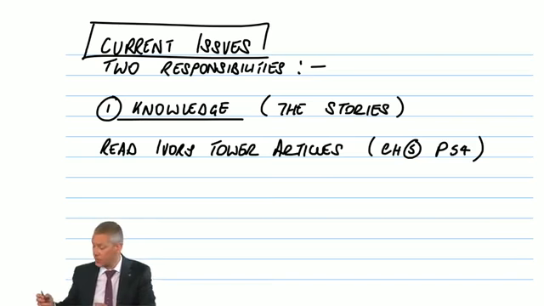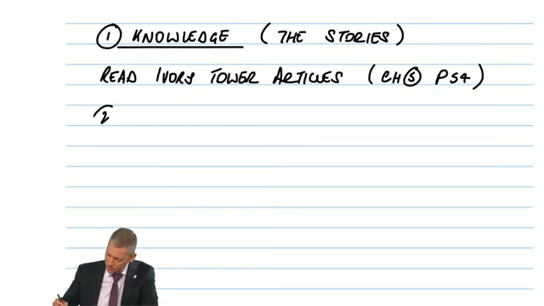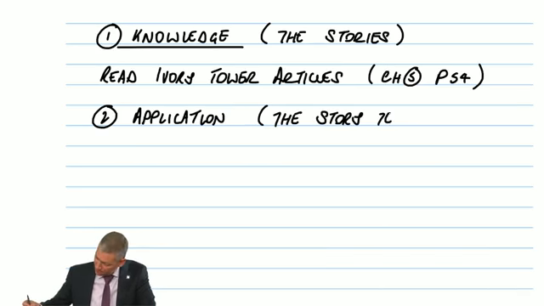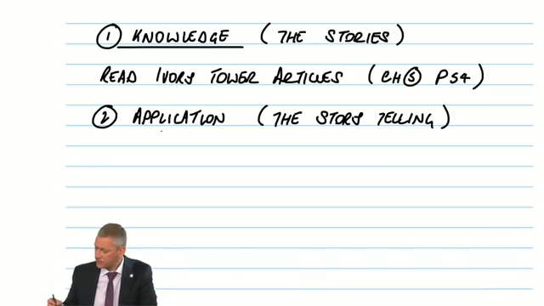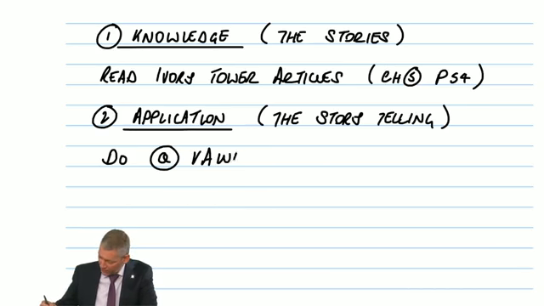So there's another skill. And it is true, some people are just better at this than others. It's the application. In other words, the storytelling. And in order to answer that, you need to do the question Value.